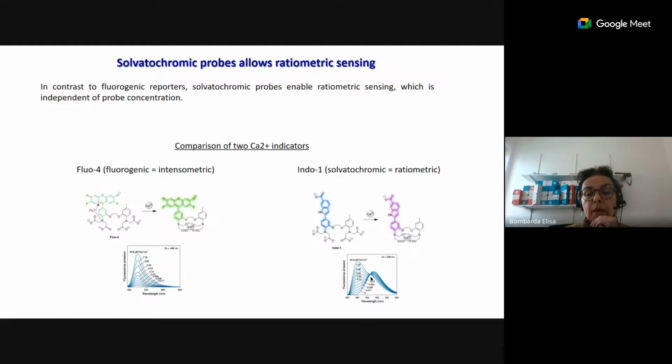And so, in this case, you can also overcome problems due to an incomplete labeling. That means you may have the sensitive part that is not labeled with the probe, and that doesn't provide signal. In the intensiometric probe, that would mean that calcium is not bound to the coordinating part, but instead that's not true.